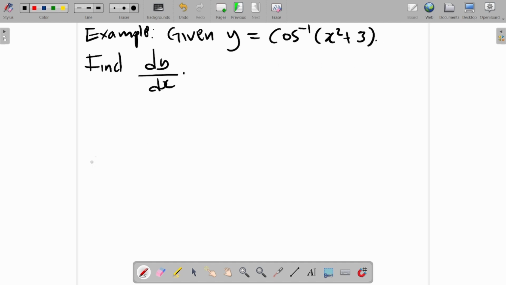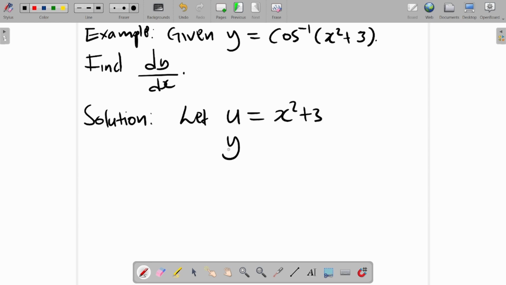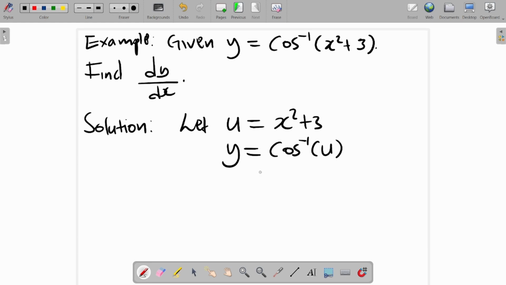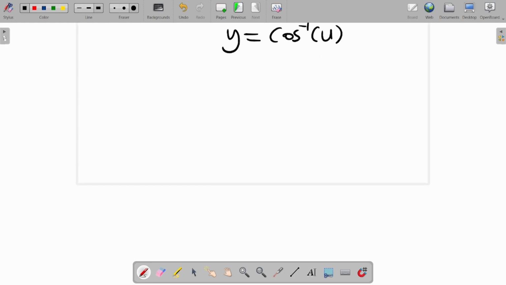To do this, we let u be equal to x squared plus 3, so that your y now is going to look like cos inverse of u. This is a composite function because another function is contained within another function.